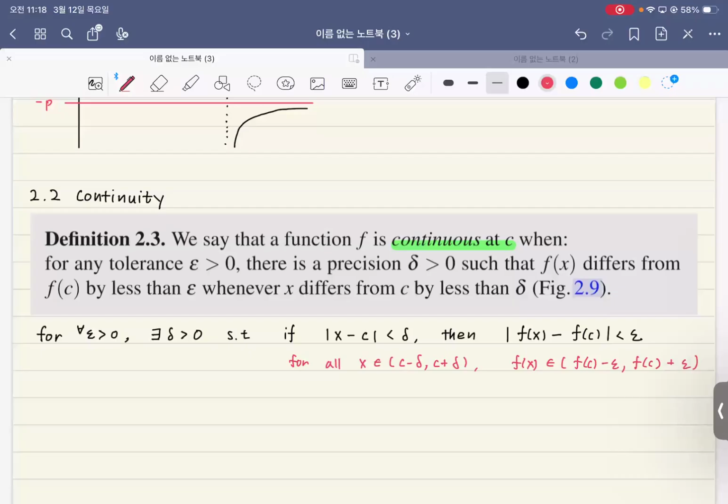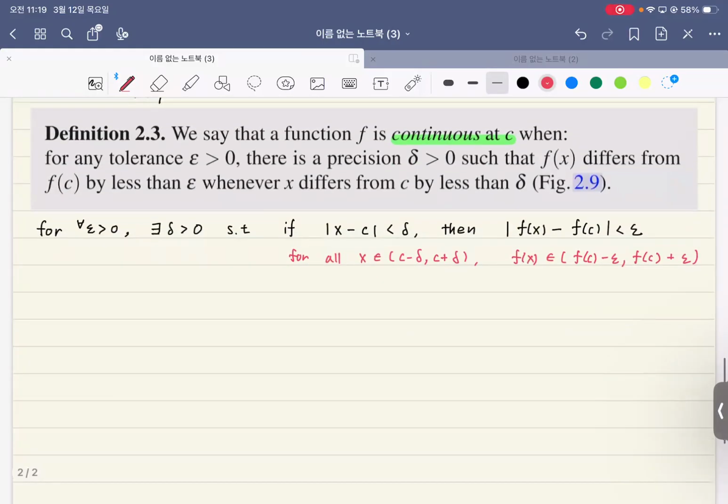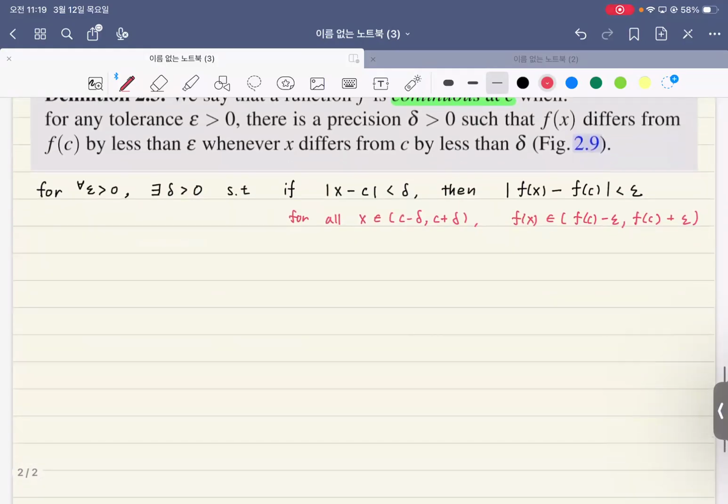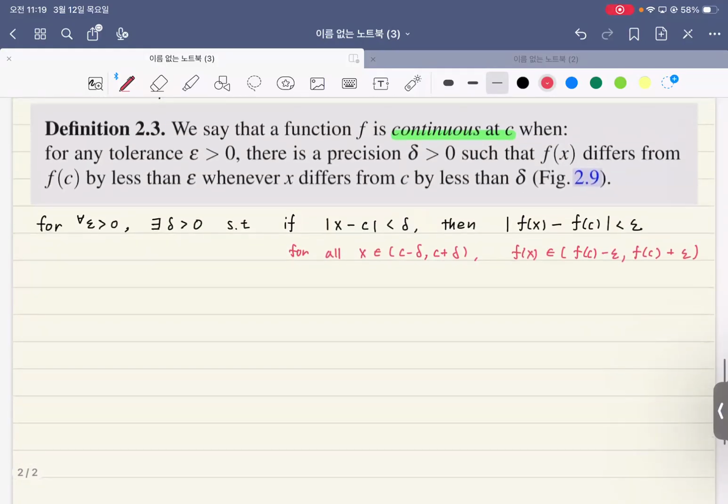All right. So if you can find a delta that satisfies this condition for every positive epsilon, then you're good to say your function is continuous at the point. Understanding this definition just by looking at these words seems to be somehow a very impossible task.